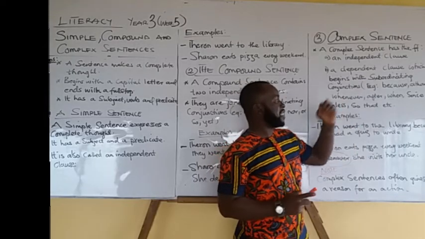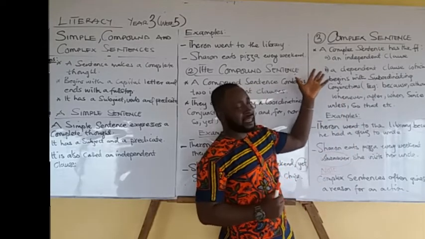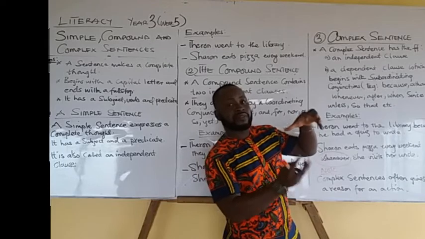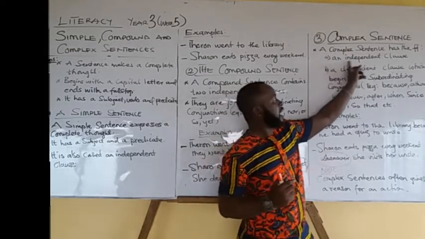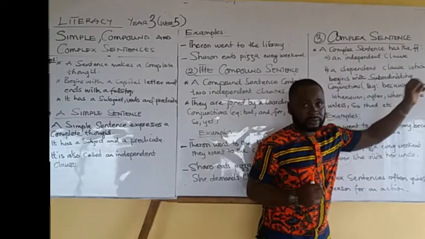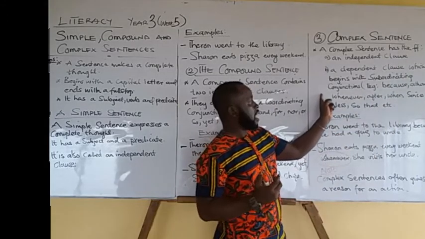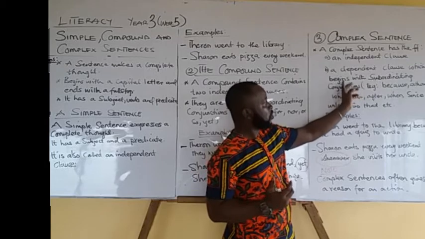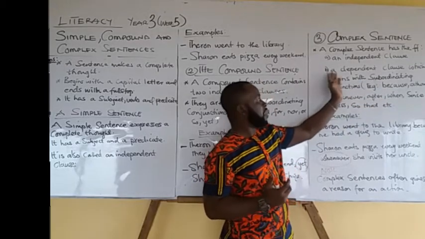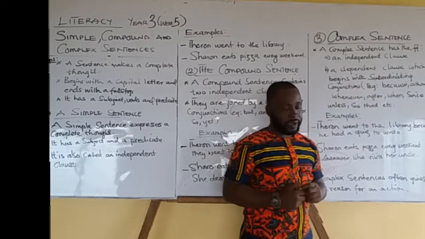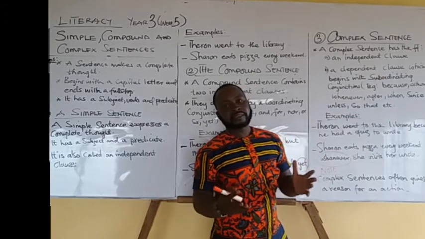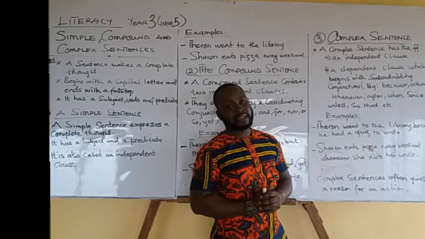Now, in our sentence, when we talk about complex sentence, we look out for these main things. First, an independent clause, and second, a subordinating conjunction that begins with a dependent clause. All right. Now you may ask, how do we identify a dependent clause?